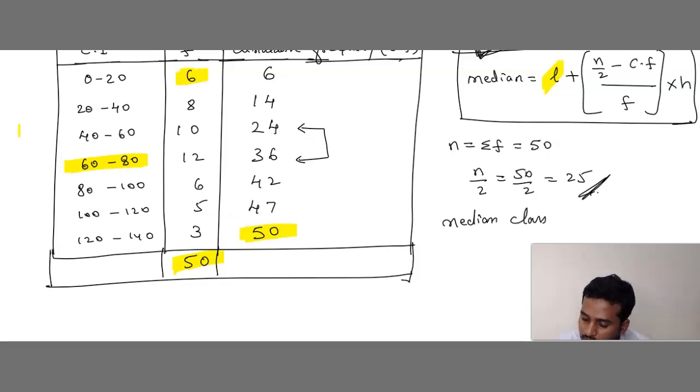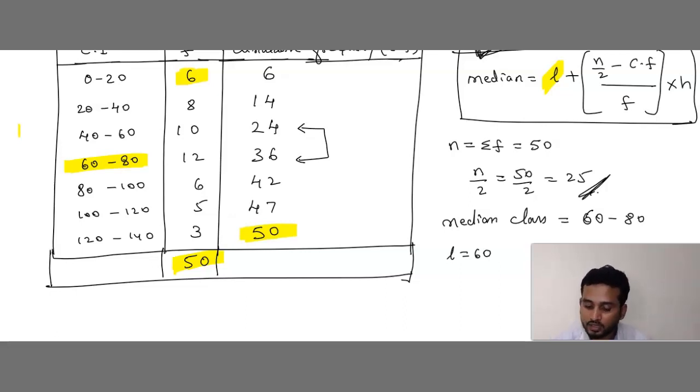In this, which is the lowest number? That is L. 60 is the lowest. That is the lower limit, that is L. From 36 we got this.